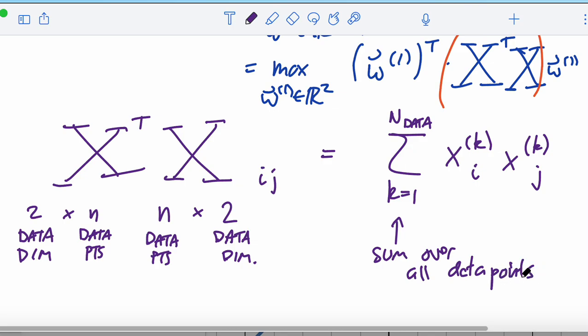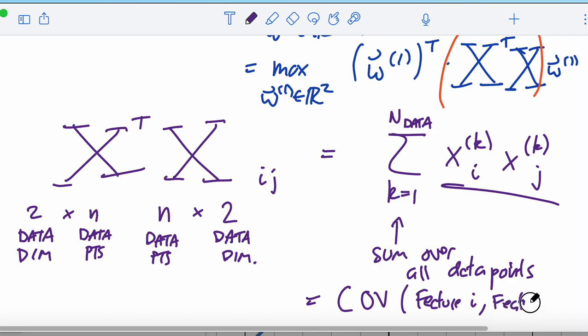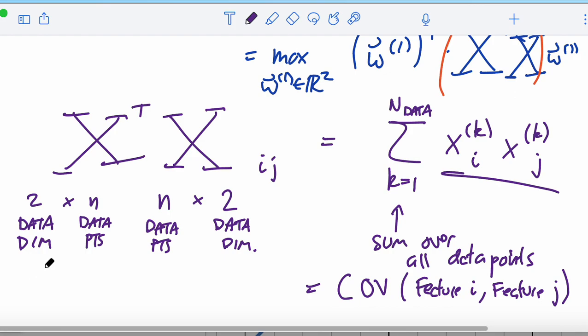So it's saying you take direction i, you take direction j, and you see how much they overlap. How much do directions i and j overlap? So this thing is exactly the covariance. This is the covariance of feature i with feature j. So this matrix is sometimes called the empirical covariance matrix.